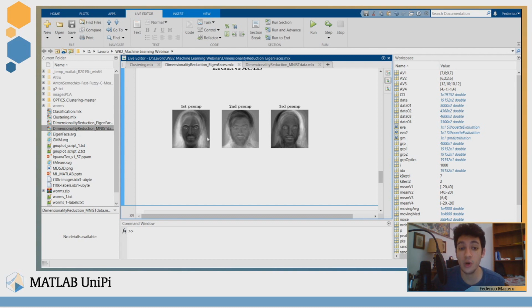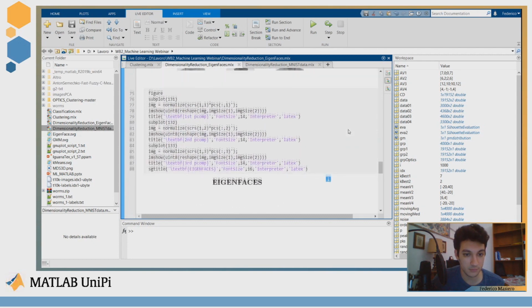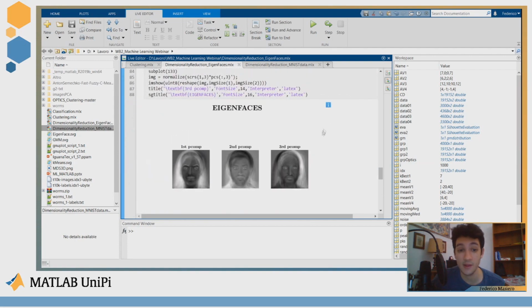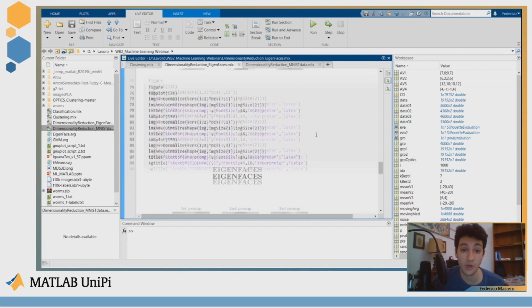So if you had a smaller amount of pictures of women in the data set, you would probably have this eigenface, as it is called in the literature, with a less intense value of light around the hair. So this is to motivate again the answer that I gave you before.